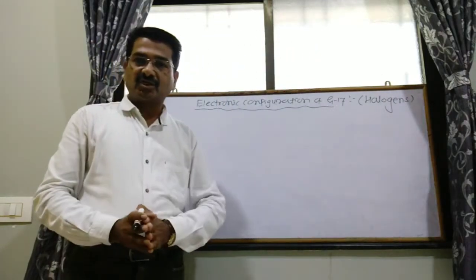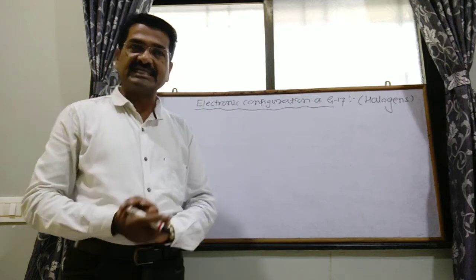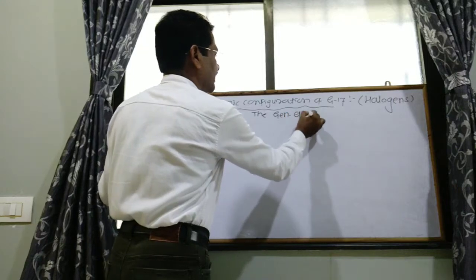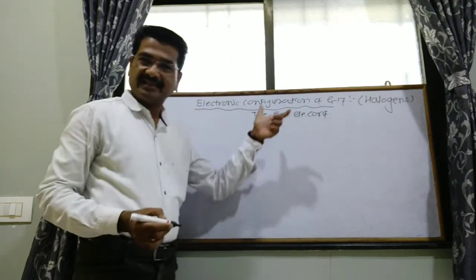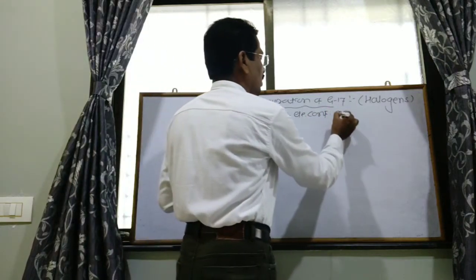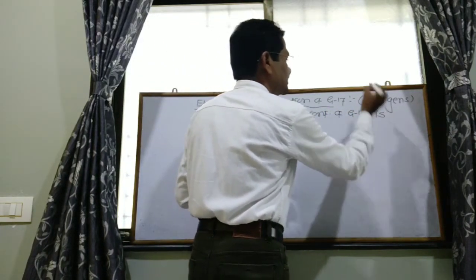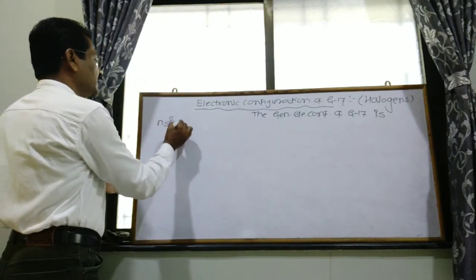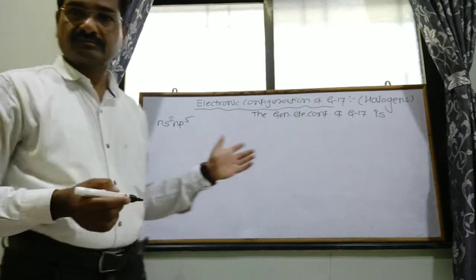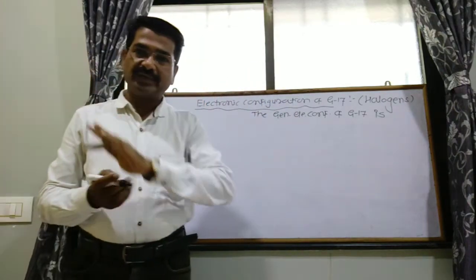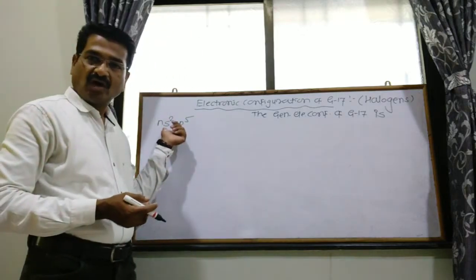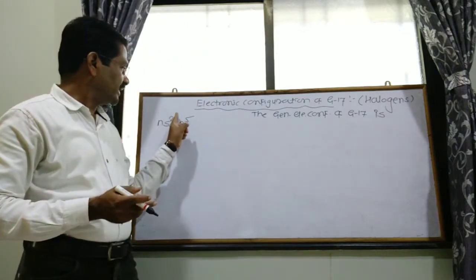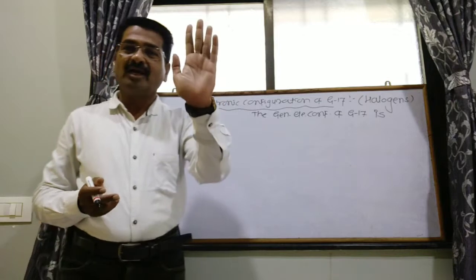The general electronic configuration of Z17 is ns2 np5. n is the last shell, with subshells s and p, containing 2 electrons in the s orbital and 5 electrons in the p orbital.